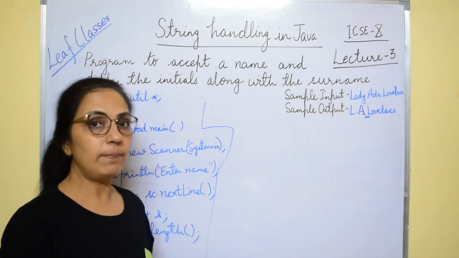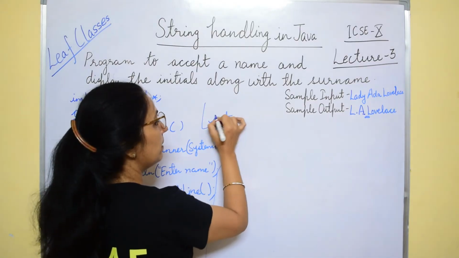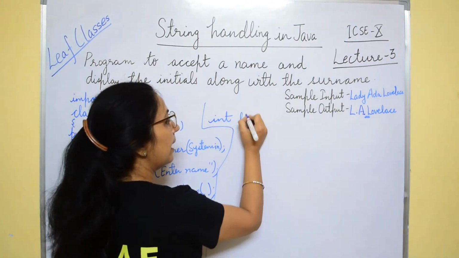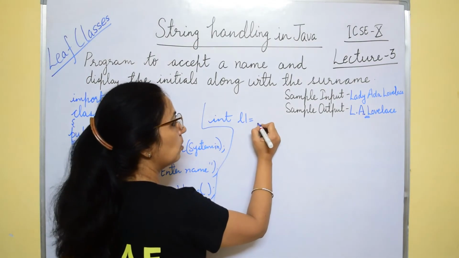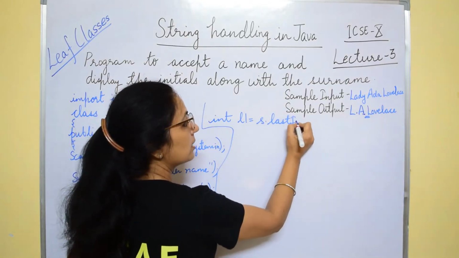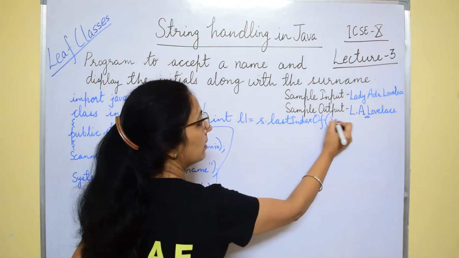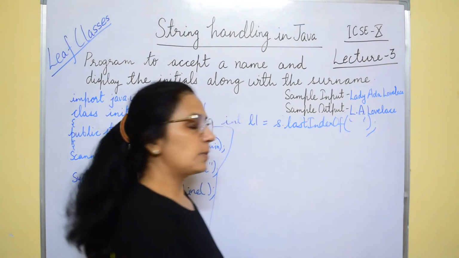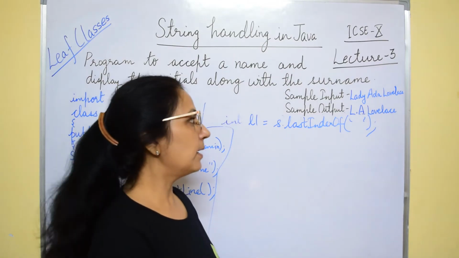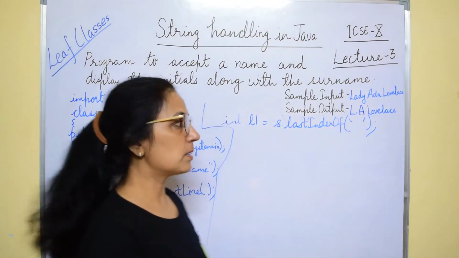Int type. So we will use an int variable, say int L1 equals s.lastIndexOf of space. Space is also a character, so you can give space within single quotes.